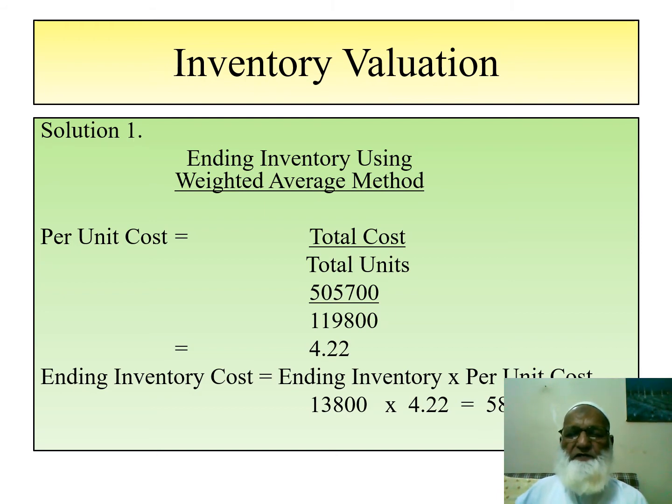So the ending inventory is 13,800, and we multiply with 4.22, we get the ending inventory cost. Right? This is very easy, and it is done. To the next slide now.